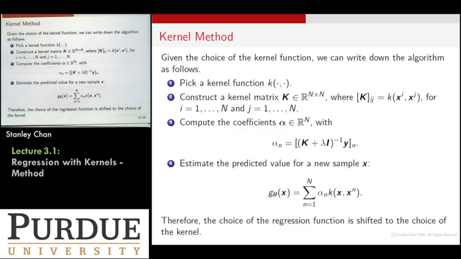Now this kernel matrix is nothing but just applying the kernel to all the pairs of data points. Imagine that you have n data points, you just do an n squared calculation of every single pair calculation. Okay, pairwise distance.